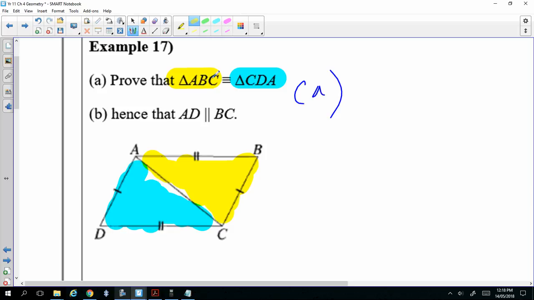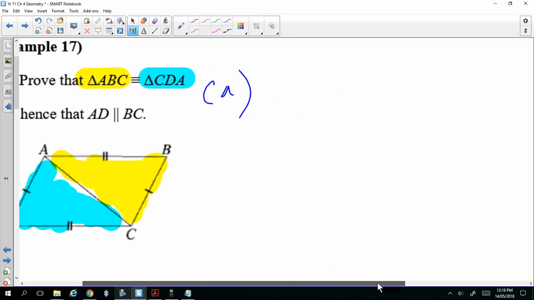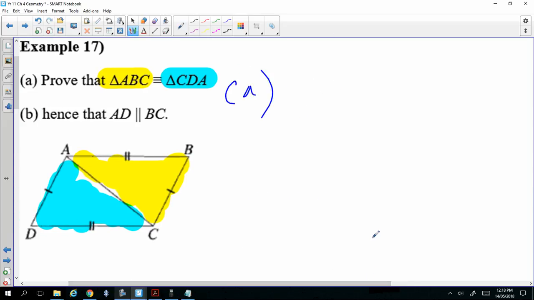Now give 3 reasons. What 3 reasons do we give? I obviously start with the obvious one. So I start with Julia. Which one are equal? AC. Yep. What do you say? AC is common. Yes. Good. All right. Let me ask another person.